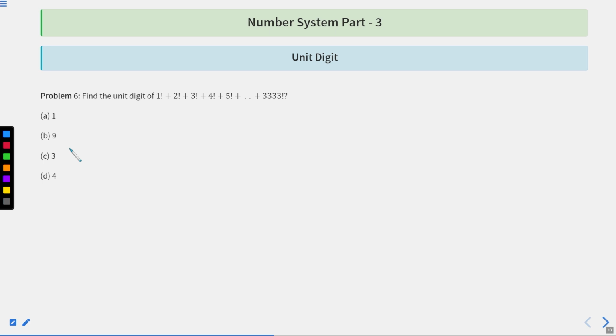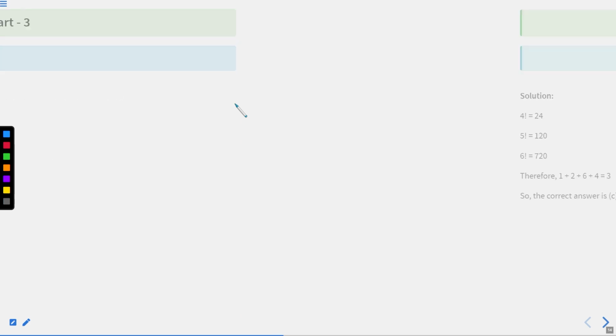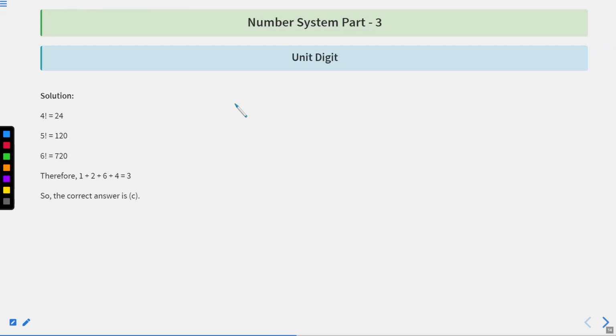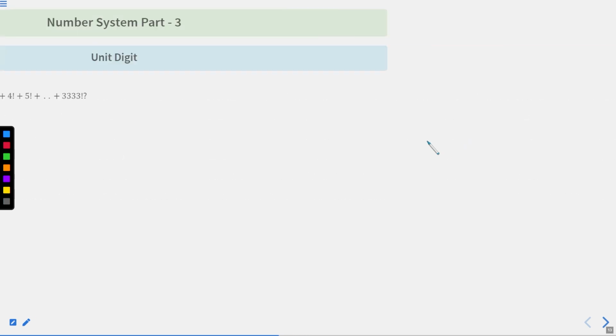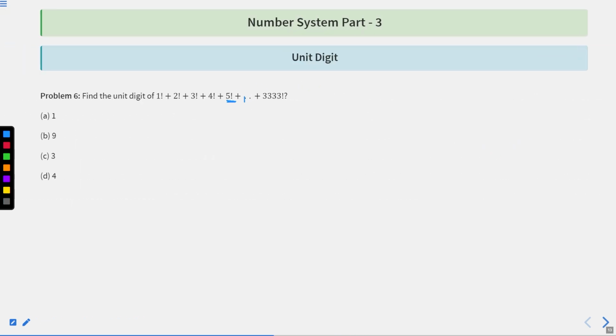If you look at the problem here, 5 factorial. What is the value of 5 factorial? 5 factorial is 120. Now, whatever number you see after 5 factorial, suppose 6 factorial, 7 factorial, all of them contain 5 and an even number, correct?